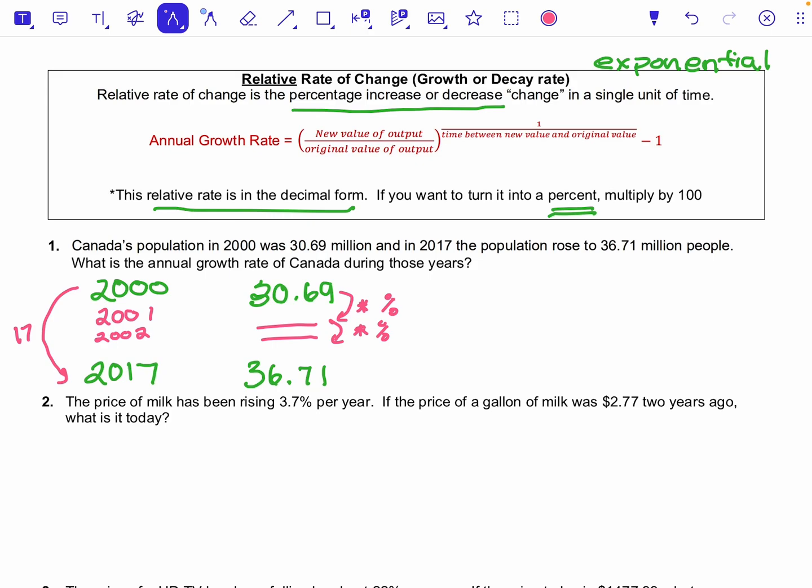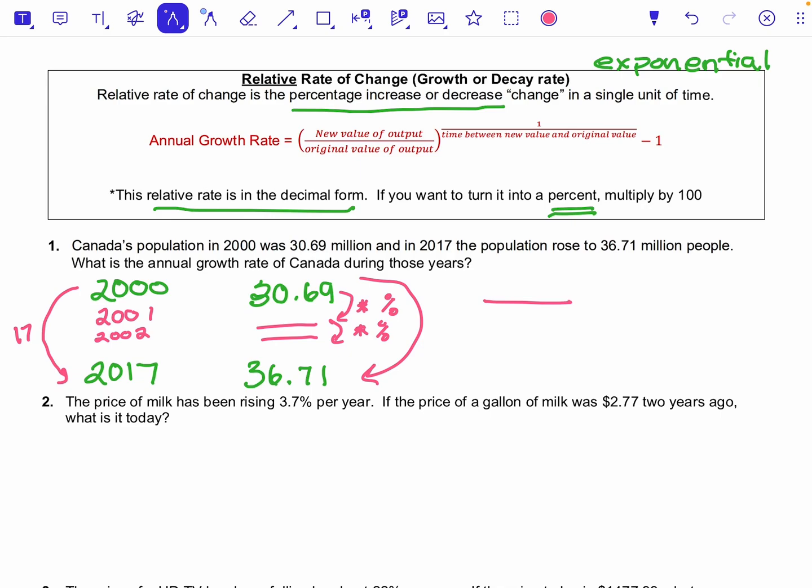But the key here is that it's a multiplication problem. And if you think back, what did I do back in the day when I wanted to undo my multiplication? Well, I divided. But I'm not looking for the division problem that divides me directly from here to here. It's a little more complicated than that. But let's start there. What would I need to multiply 30.69 by to get to 36.71?